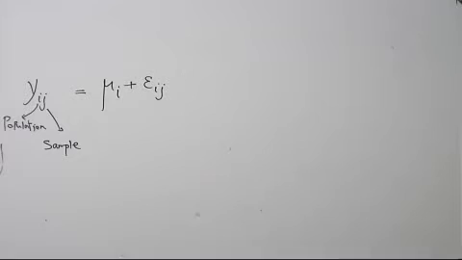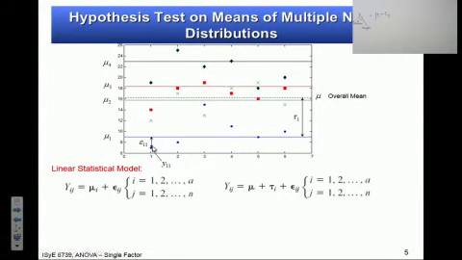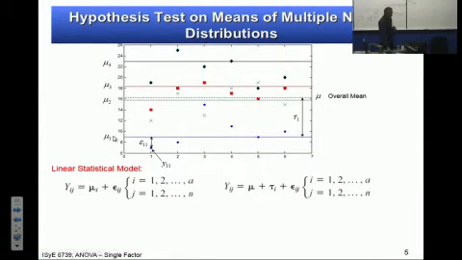Now, what is the relationship of mu i, or mu 1, with the grand or overall mean? Let's say this dashed line is the overall mean, putting everything together as the grand average. You can see the overall mean and mu 1 are different.